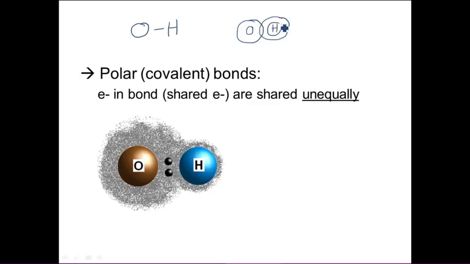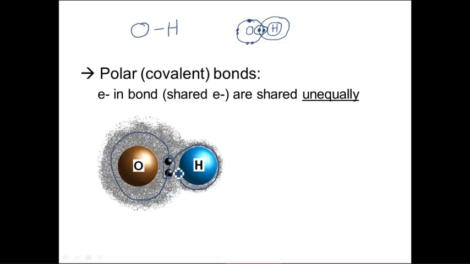Hydrogen is going to bring its 1 electron in, and oxygen will bring 1. Oxygen still has another one that wants to make another bond, but we're just talking about these 2. They are still going to act like a pair and spend time orbiting around the oxygen and then orbiting around the hydrogen.